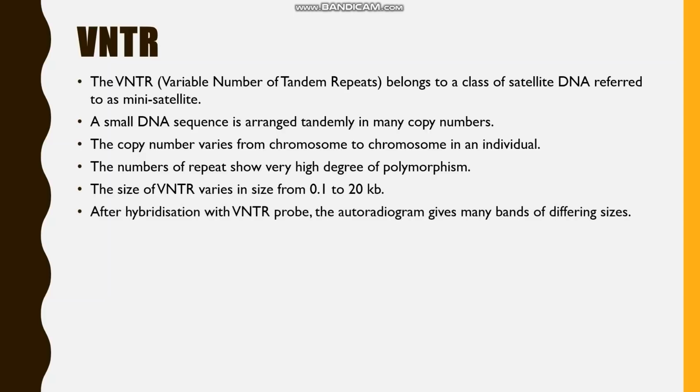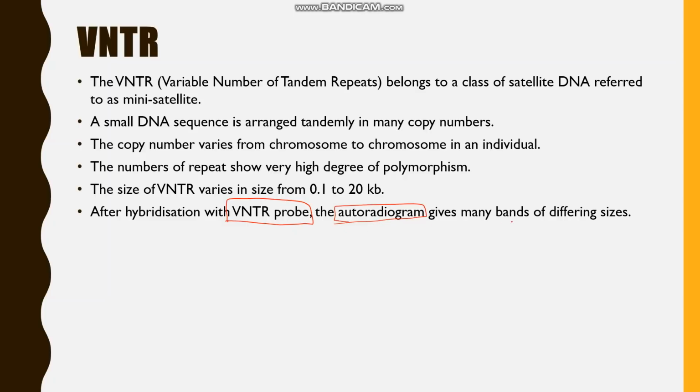After hybridization with the VNTR probe, the autoradiogram gives many bands of different sizes. Hybridization is done using radio labeled probes, which I will explain while describing the steps involved in DNA fingerprinting technology. After hybridization, we take the X-ray photograph, which is called autoradiography or autoradiogram.